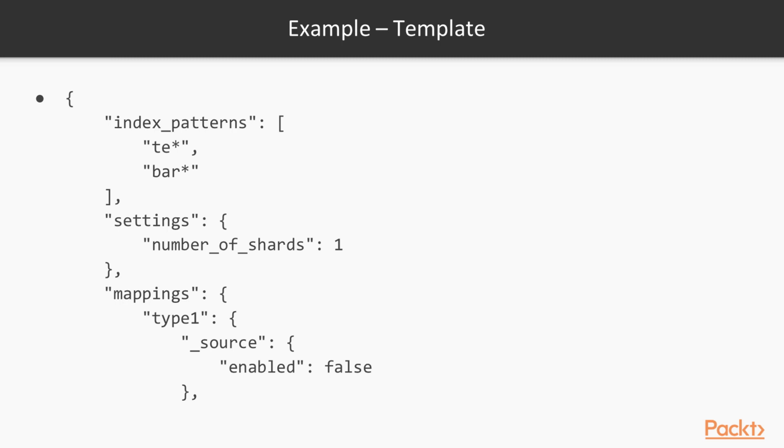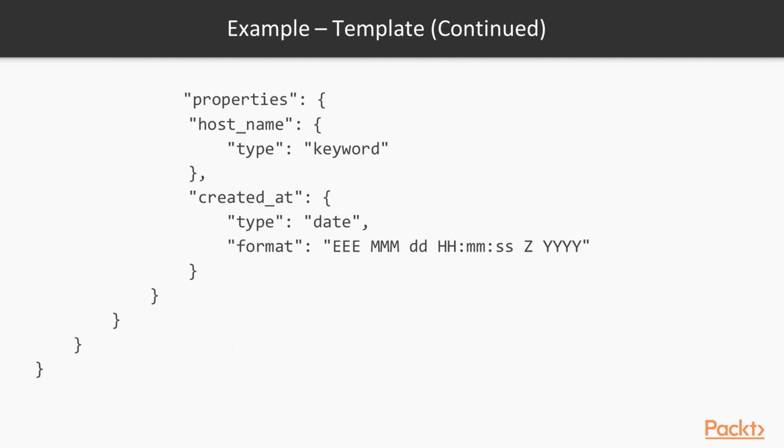Say this is when I create a new server on my network, I set the created date to now, and I set the host name value, and Elasticsearch will treat that like a keyword. So then you could correlate that with other data in the future. It's a very basic example, but you can see that we're creating a template that matches index patterns, applies some settings to that index, and then applies some mappings to different types. You can have a list of types here to apply a mapping for multiple types.